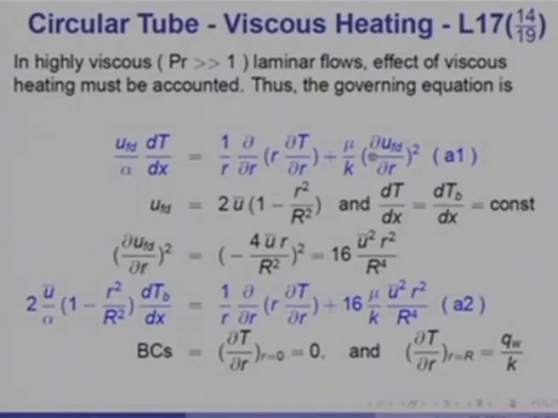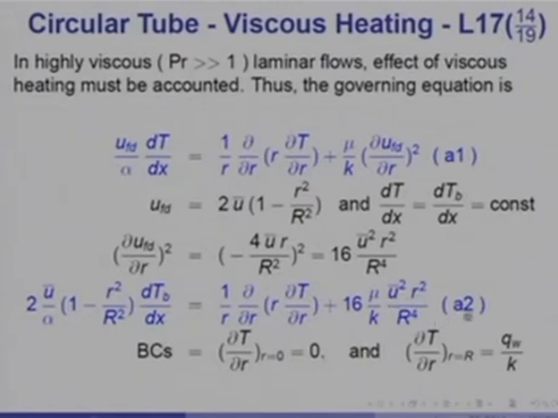dU_FD/dr square from this will evaluate to 16 u bar square r square by R to the power 4, and therefore, substituting these things in here, I get 2 u bar by alpha (1 minus r²/R²) dT_bulk/dx equal to 1 over r d/dr (r dT/dr) plus 16 times mu by k u bar square r square divided by R to the power 4.